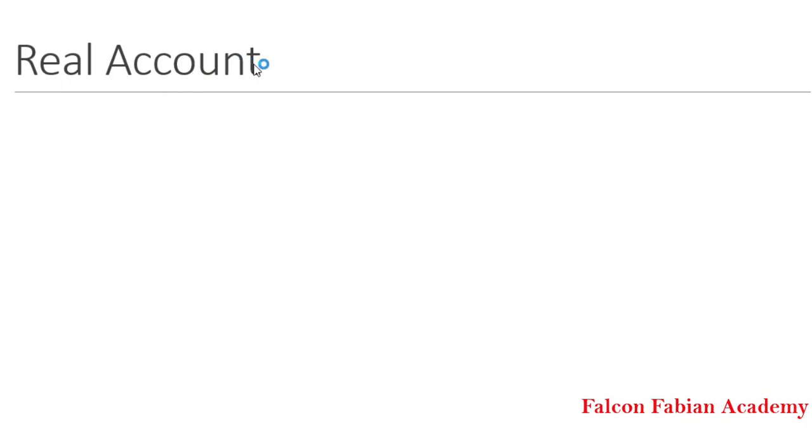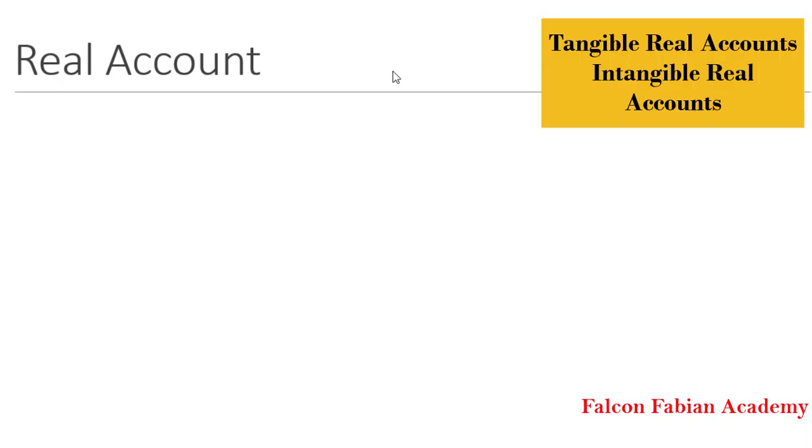Now real account can also be classified as tangible real account and intangible real account. Under tangible real account, you will have all the tangible assets, and under the intangible real account, you will have all the intangible assets. Now, what are tangible assets?